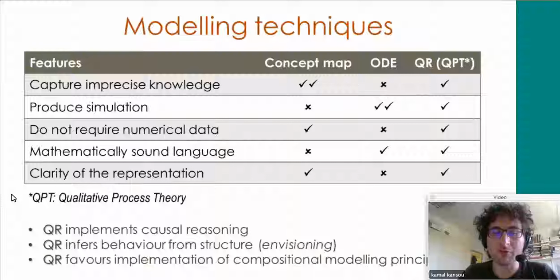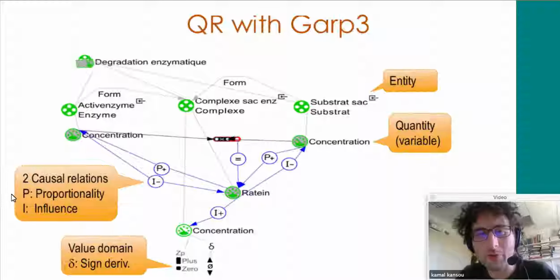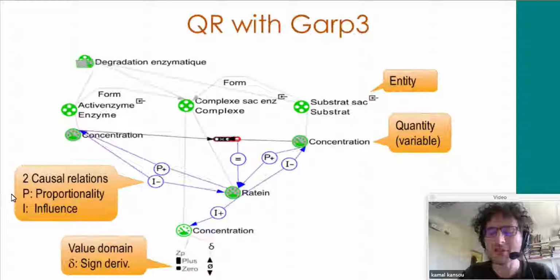It's also a representation which is clear enough to be understandable by domain experts, so it's relatively readable. This is an example of a QR model built with GARP3, which is a qualitative reasoning workbench developed at the Informatics Institute of the University of Amsterdam.